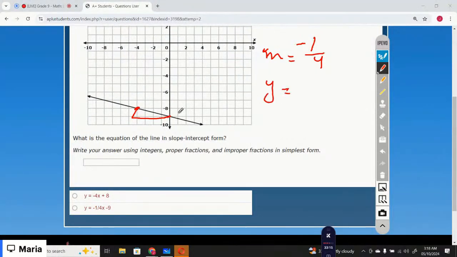And the y-intercept where the graph is touching the y-axis is -9, right? So then the equation is y equals -1 over 4x minus 9.